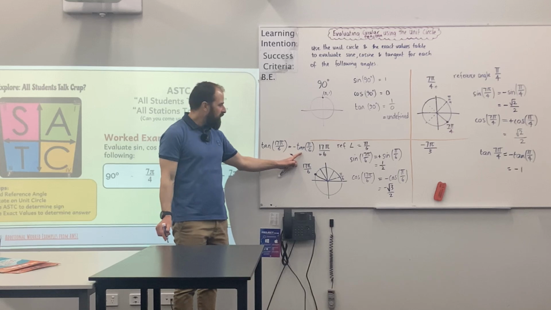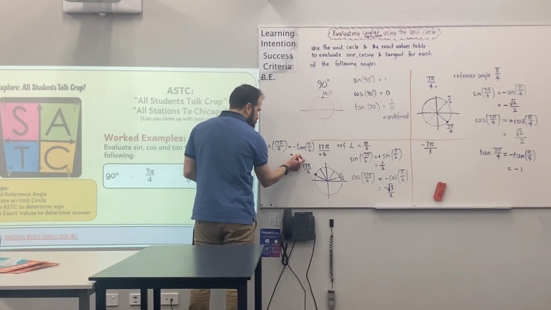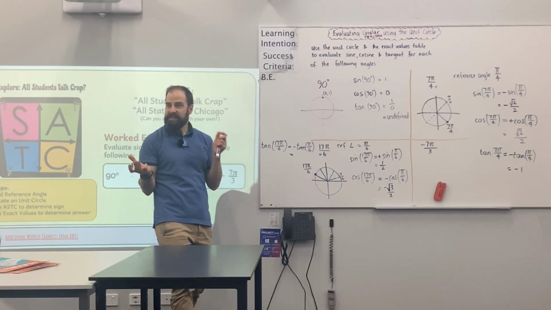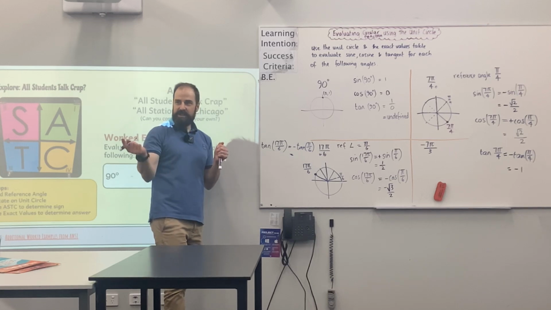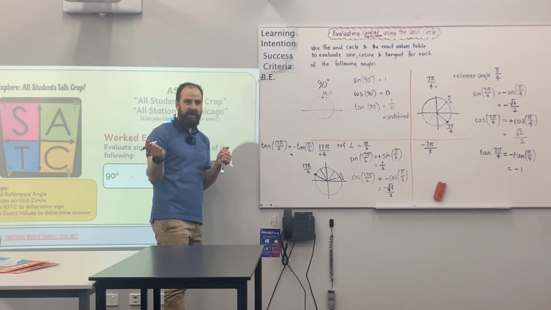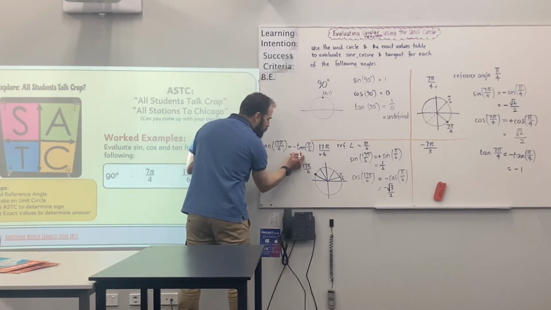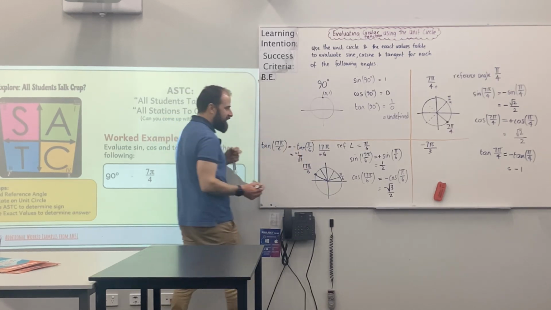What is tan of pi on 6? It's not the square root of 2. It's not 2. It is 1 over square root of 3, and my answer is a negative.